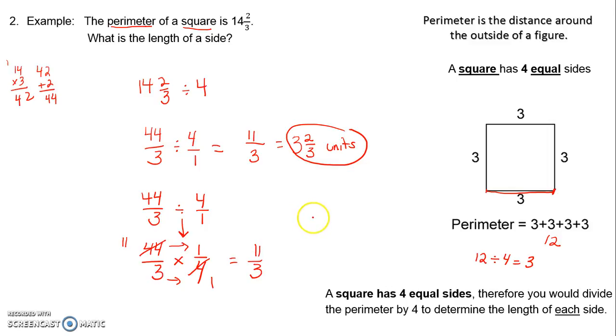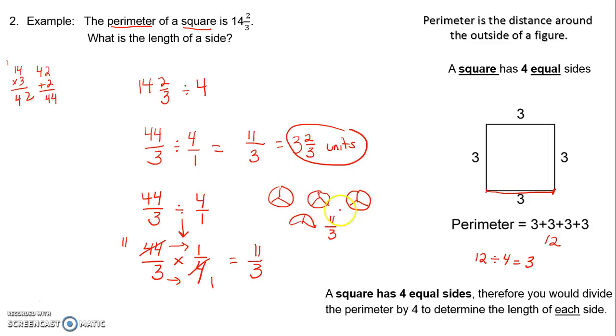And if you draw out 11 thirds, 1, 2, 3, 4, 5, 6, 7, 8, 9, 10, 11. 11 thirds.